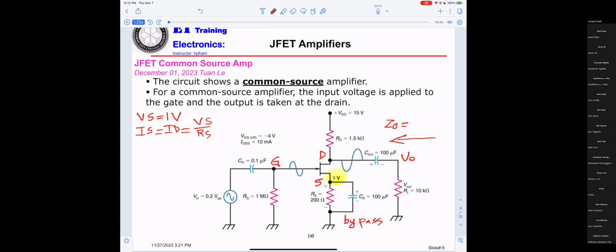RD parallel RL. Perfect. You really understand. That's what I like. RD parallel RL.